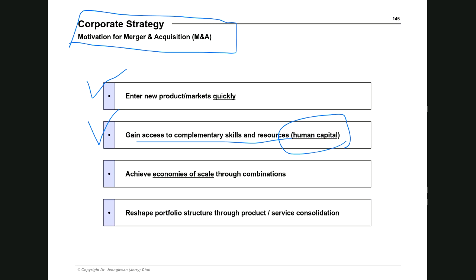We can buy people many times. In order to restructure your business portfolio, you'd better buy the best people. If I can buy the best people, I will pay tons of $1,000 million. They are valuable.